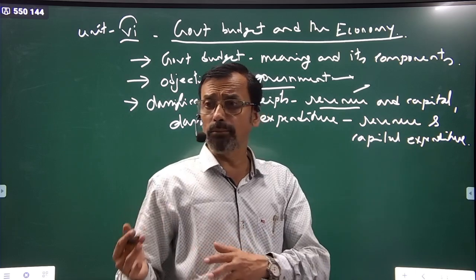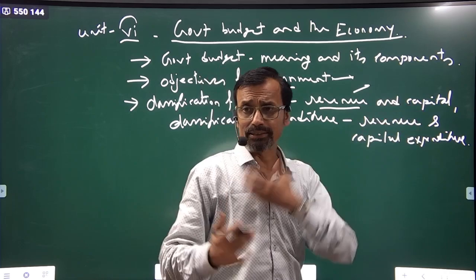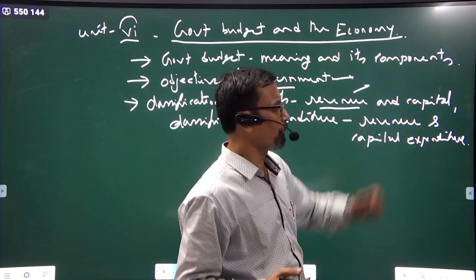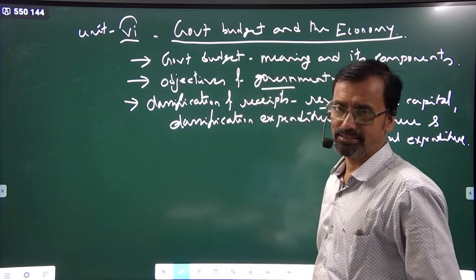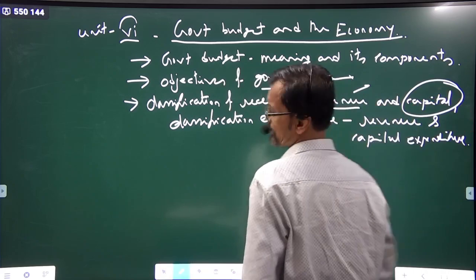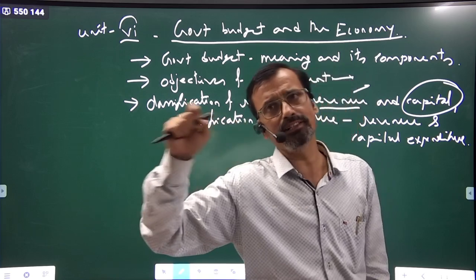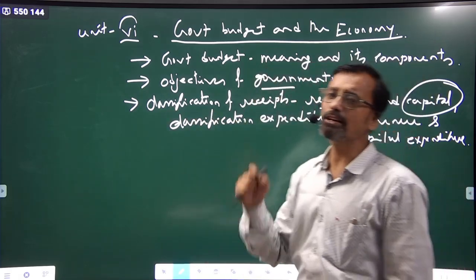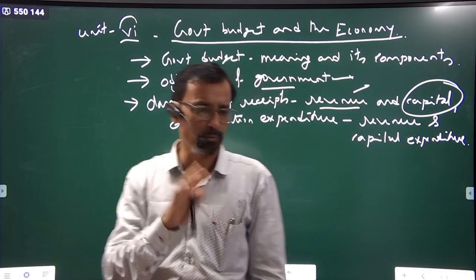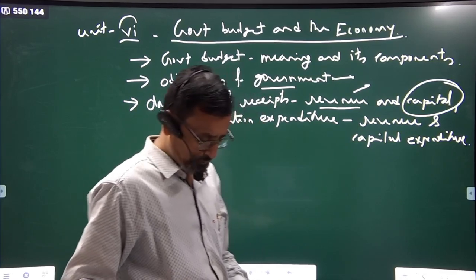For capital receipt of the government, you can take the example of borrowing. When government borrows, it creates liabilities. That is why we can say capital receipts are those receipts which either create liabilities of the government or reduce the assets of the government. This is how we have to understand it.